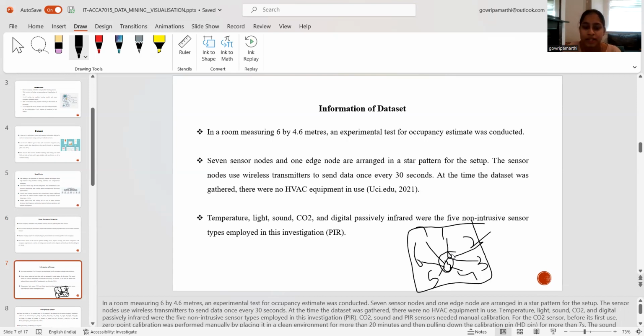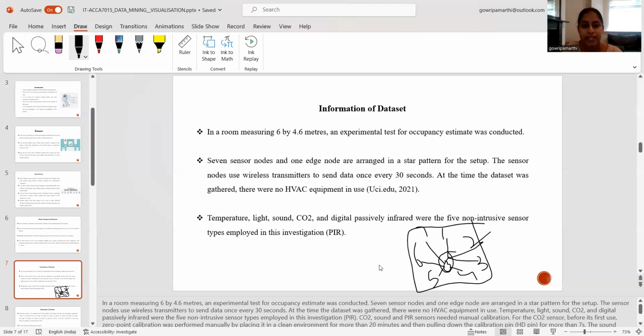At the time the data set was gathered, the data from all the sensors was collected here. There was no HVAC equipment used in that room. The meaning of HVAC is heating, ventilation, and air conditioning equipment. So here we are only using 7 sensors and 1 edge sensor, with no other HVAC equipment in that room.